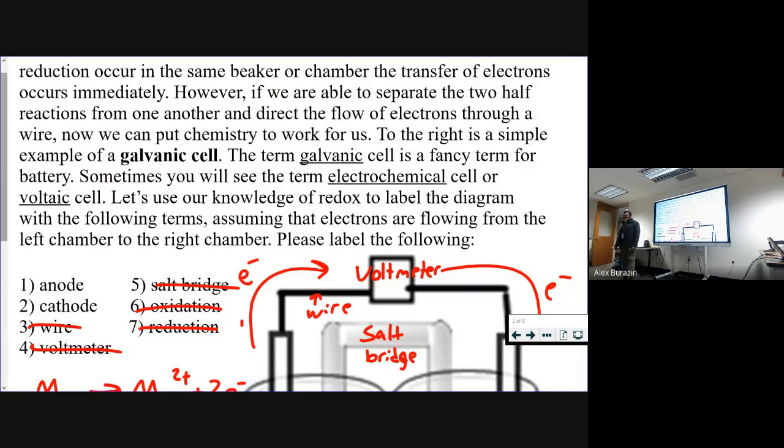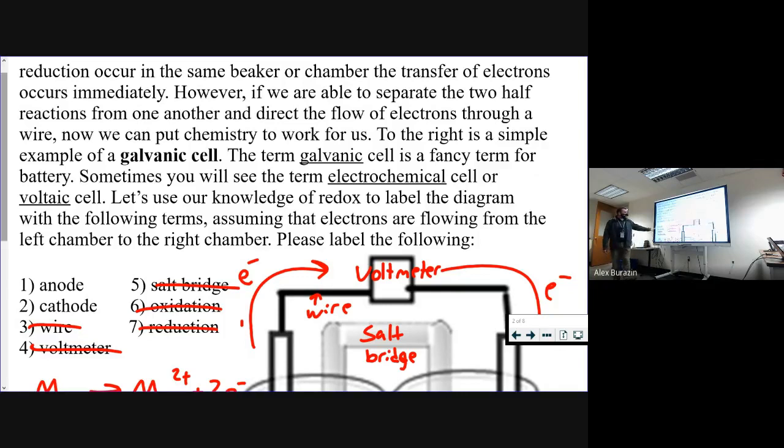They all mean the exact same thing, and it's basically describing a redox reaction where we've separated the two halves in order to direct the electrons transferred through a wire. The idea here is if we can separate our two halves of the redox reaction, we can allow the electron transfer to occur, and we can control where the electrons go. As a result, we're generating electricity.